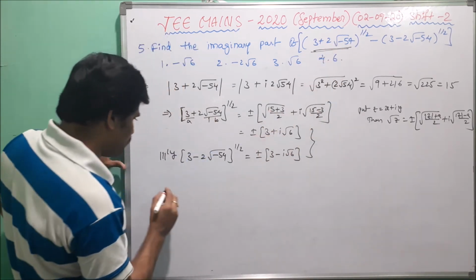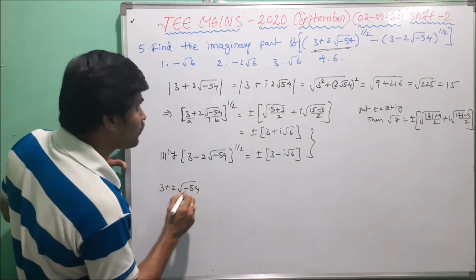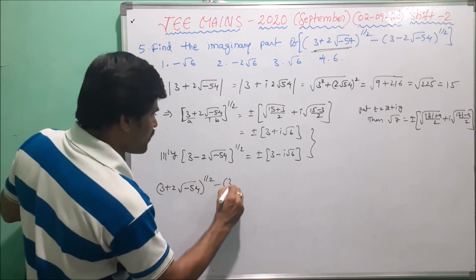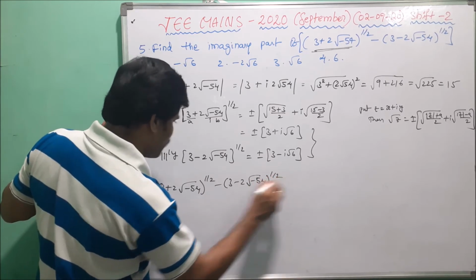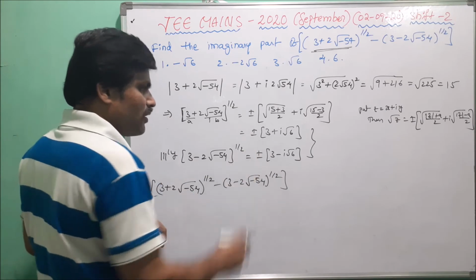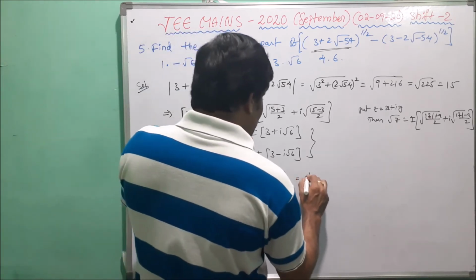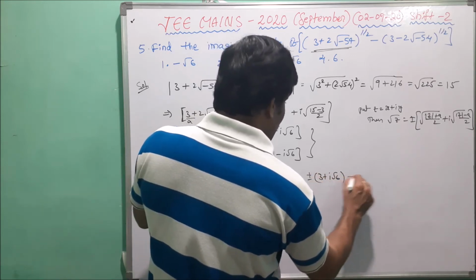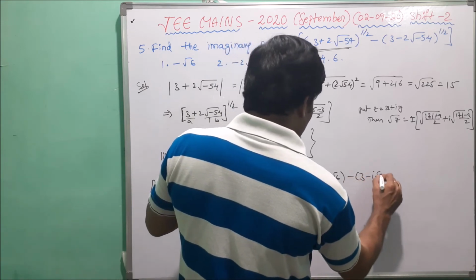We take the total expression, that is 3 plus 2 root minus 54 whole power 1 by 2 minus 3 minus 2 root minus 54 whole power 1 by 2. Now these values are already found, so that equals, here we take plus or minus (3 plus i root 6) minus (3 minus i root 6).